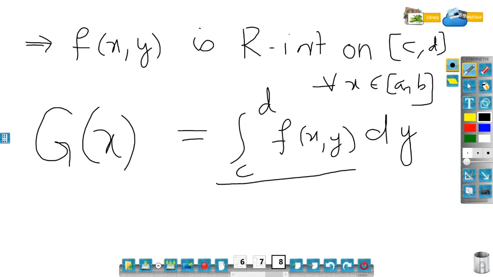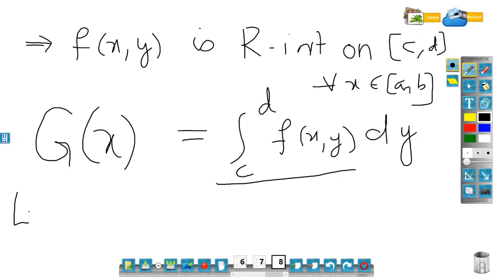Right? Now, with this g of x, I will define my partition of [a, b] and [c, d]. First we have a partition of [c, d], for which we will use the symbol p2.